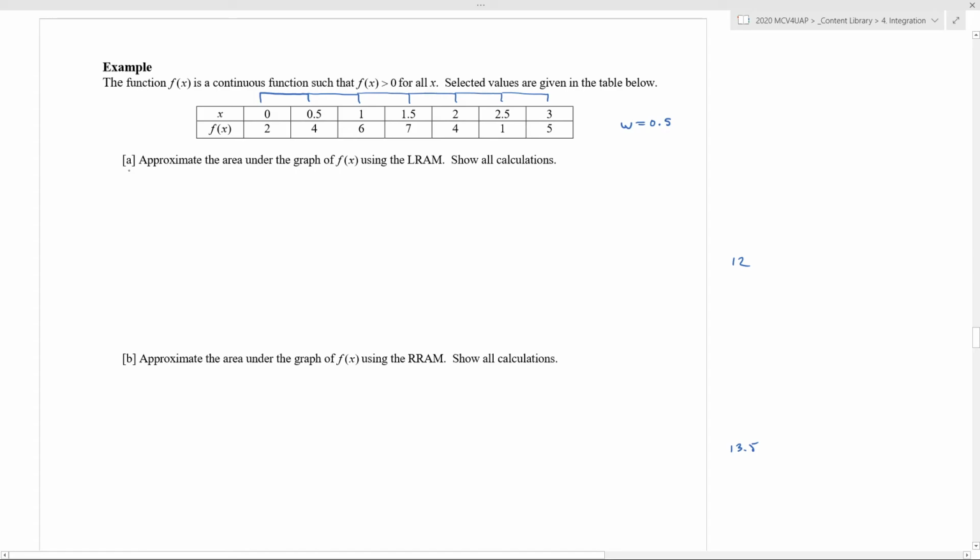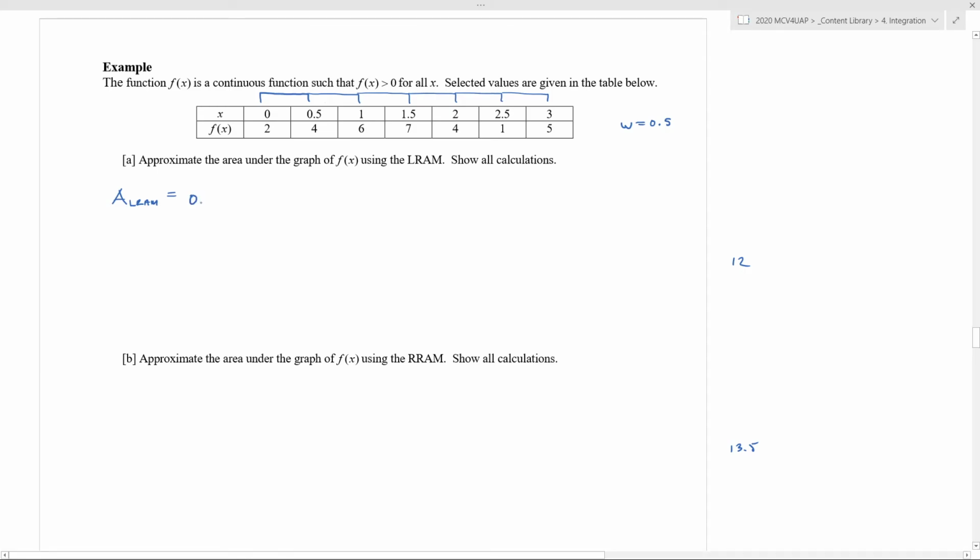Now, if I want to approximate the area using LRAM, because how many rectangles am I going to have? I'm going to have 1, 2, 3, 4, 5, 6 rectangles. The width of every single one of those rectangles is a half.